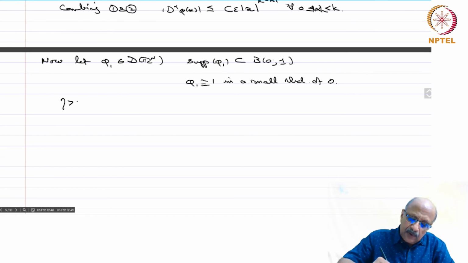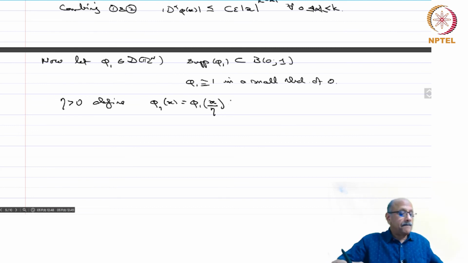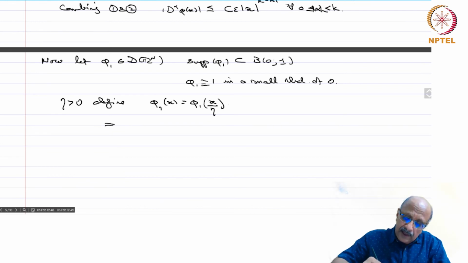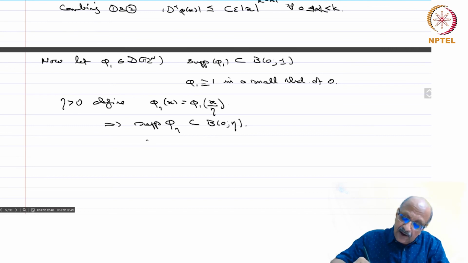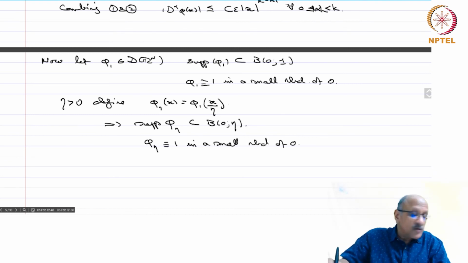Then for eta positive, define phi eta of x equals phi 1 of x over eta. Then the support of phi eta will be contained in the ball with center origin and radius eta, and phi eta will still be equal to 1 in a small neighborhood of the origin.